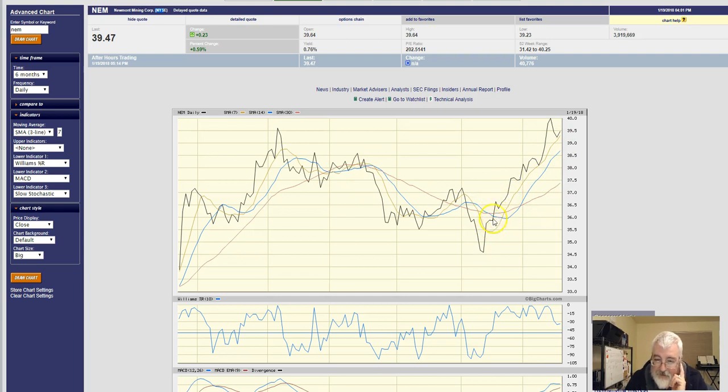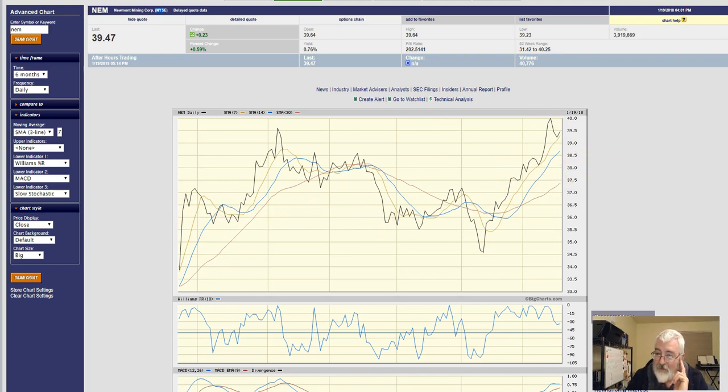For the last month or so, it's been going up faster than its 7-day average here. So this big acceleration going up is right at this point, which is like at the high point. So probably it's only going to go up another little bit, although it's in a strong upswing.